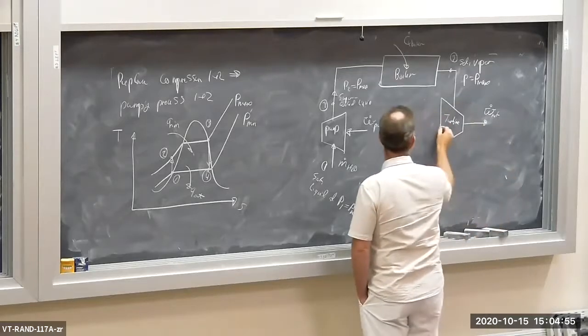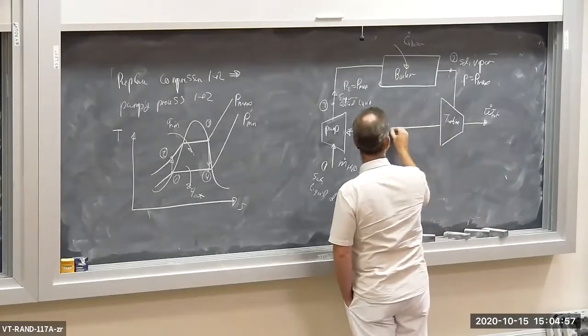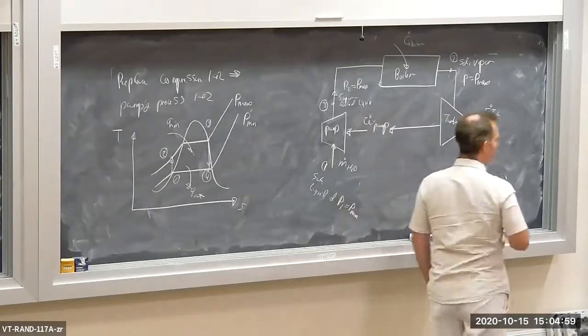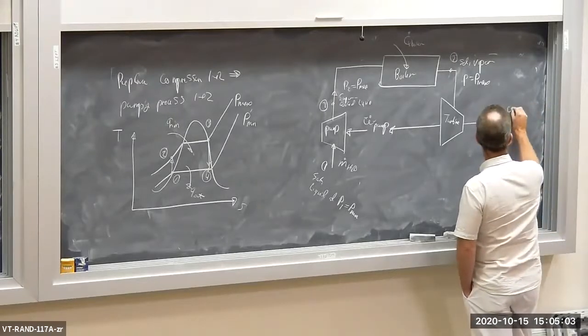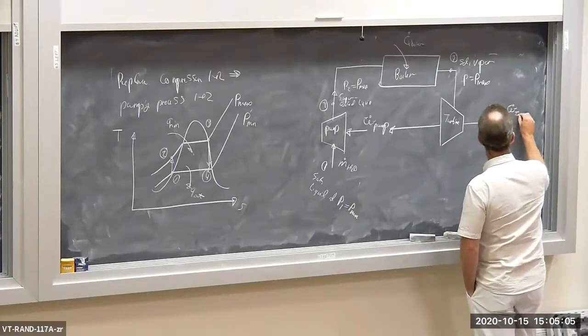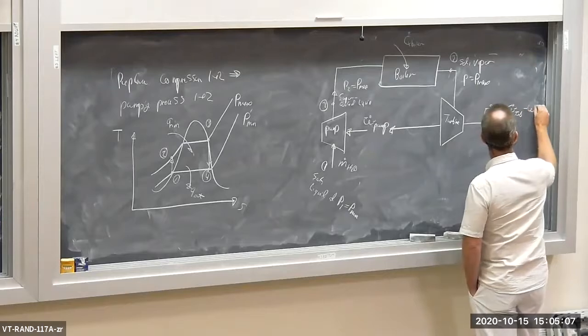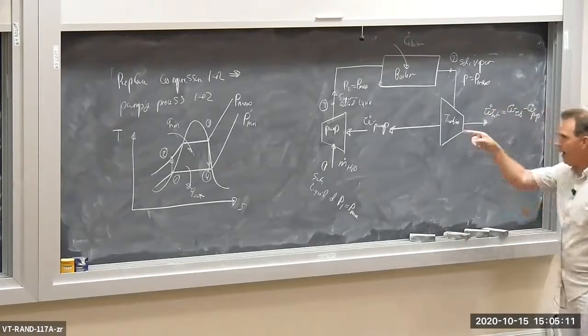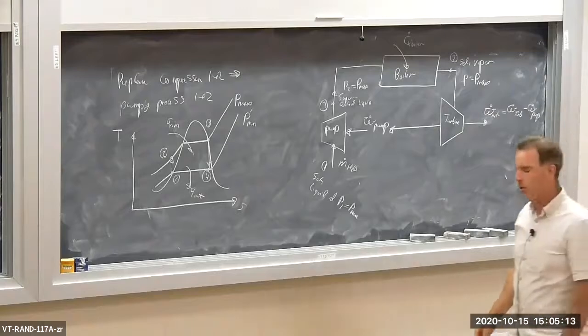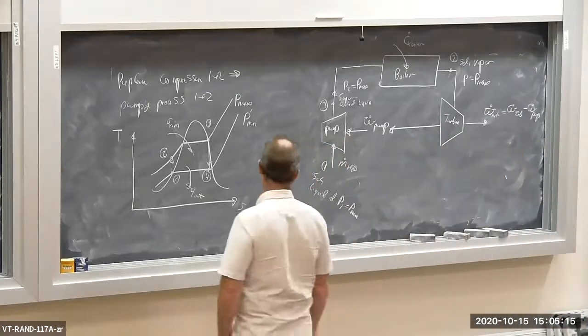Now the turbine is going to drive the pump. And so the net work produced or power produced is W dot turbine minus W dot pump. Whatever is left over after we drive the pump is our net power, okay?